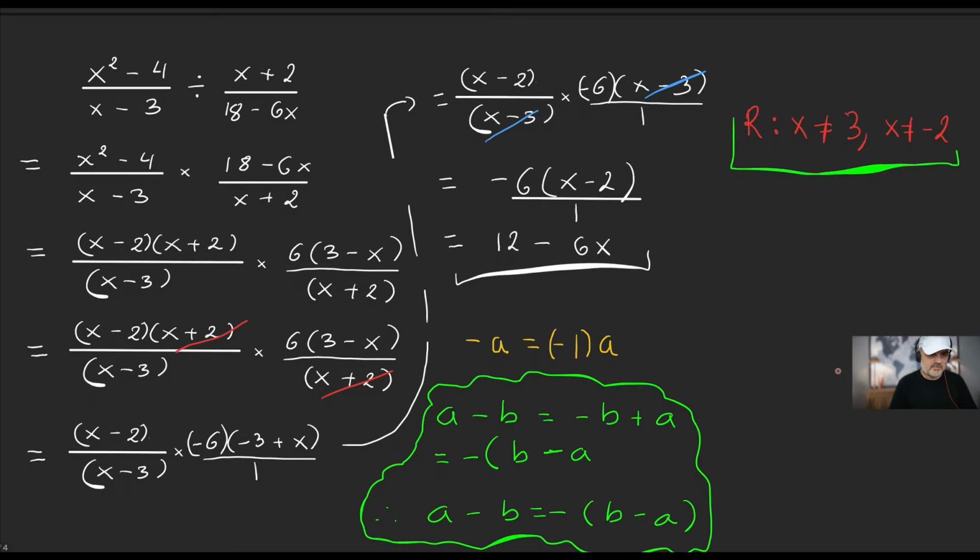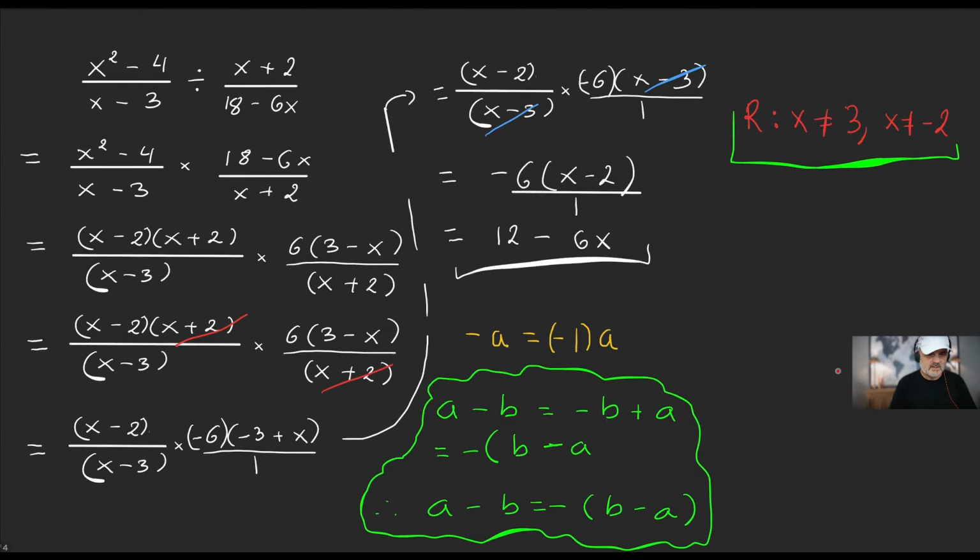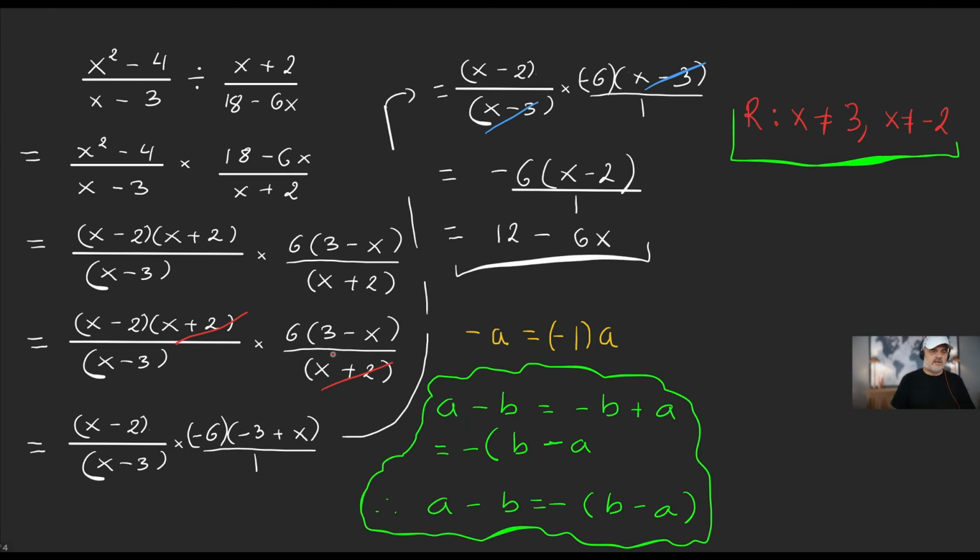In this example, the question is the rational expression (x squared minus 4) over (x minus 3), divided by (x plus 2) over (18 minus 6x).